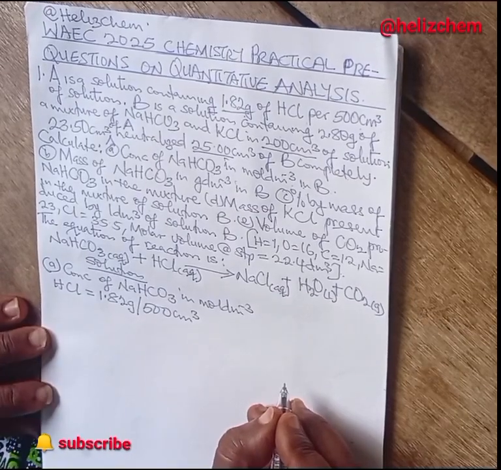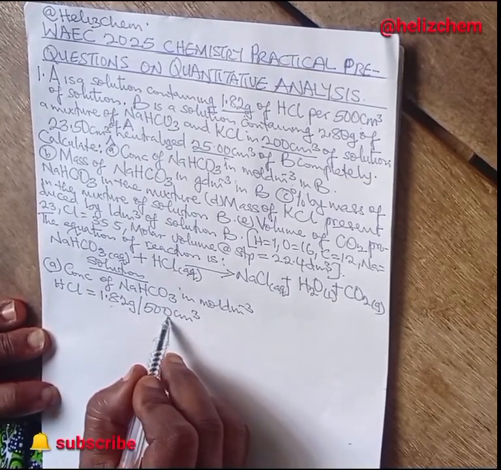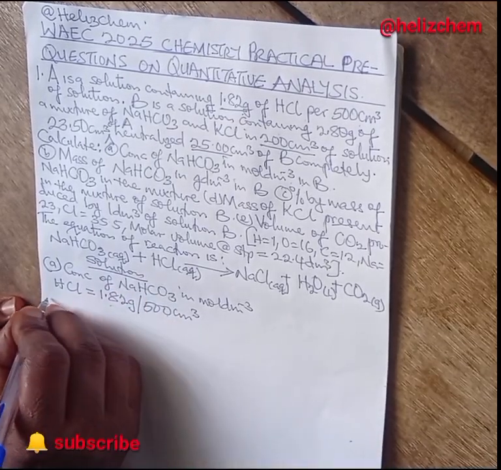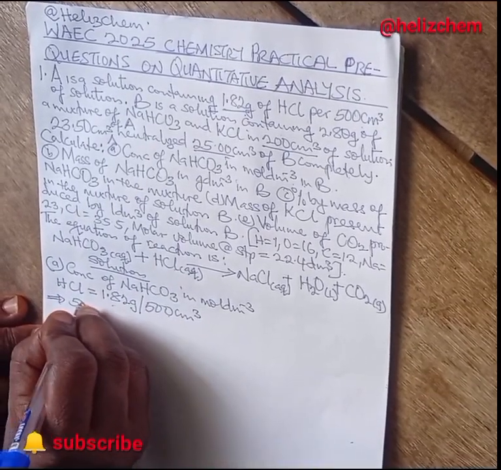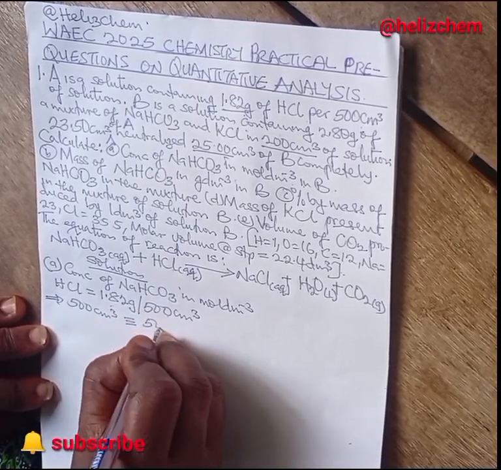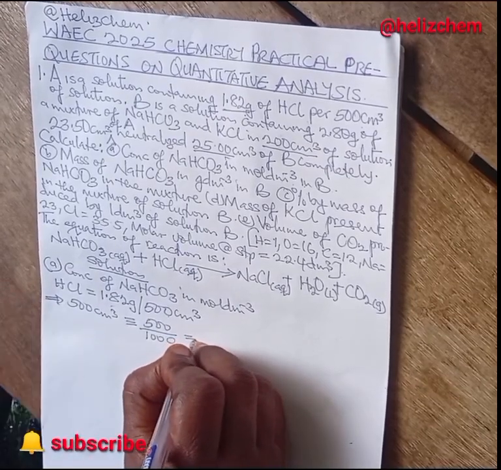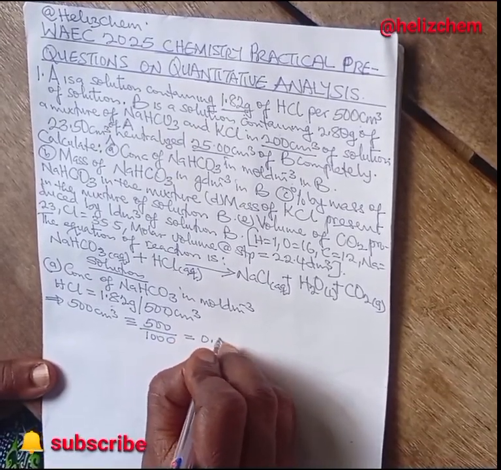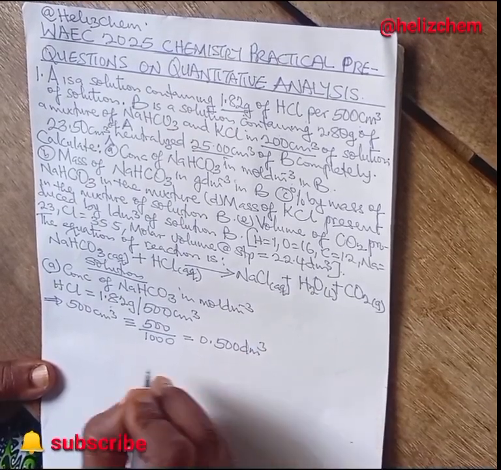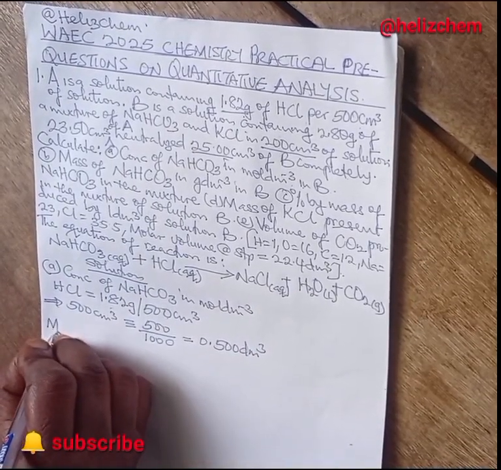That means you are going to find the mass concentration of HCl. Having it in mind that 500 cm³ is the same thing as 500 over 1000. That's the first thing you will do. You will convert the volume to dm³.